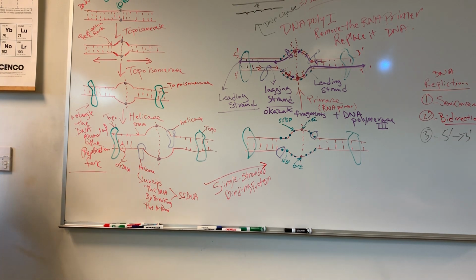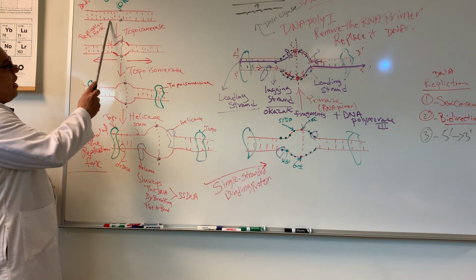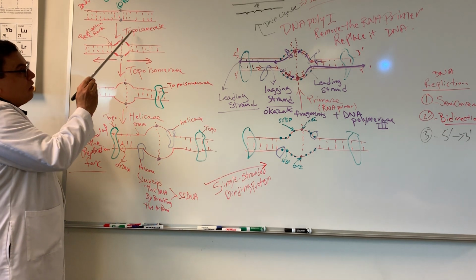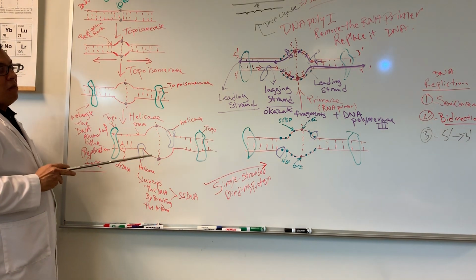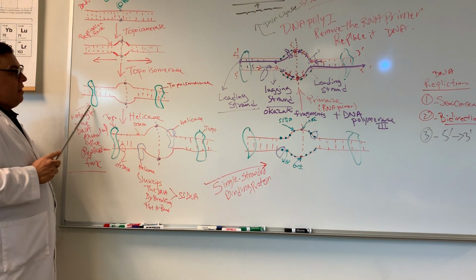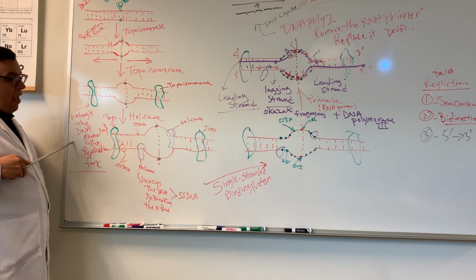So now, if I ask you to quickly explain the process in, let's say, 3 minutes or 2 minutes or so, you would say something like this. Double-stranded DNA will bubble out at the origin of replication by topoisomerase. Another topoisomerase will bind ahead of the fork to untangle the DNA.